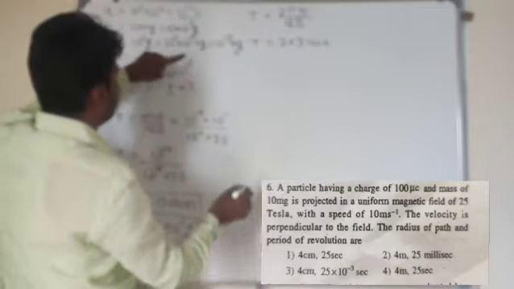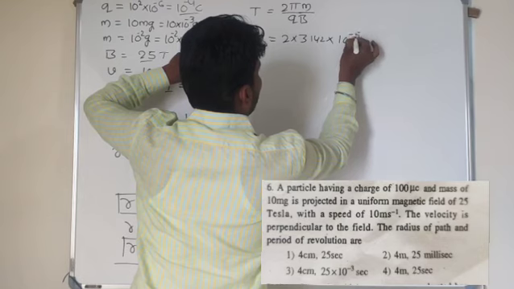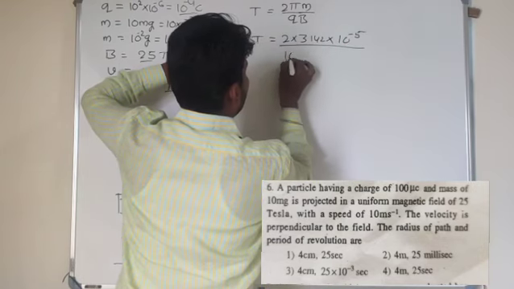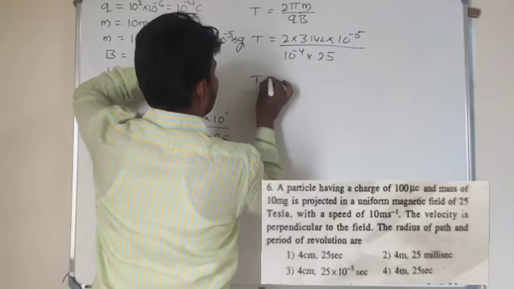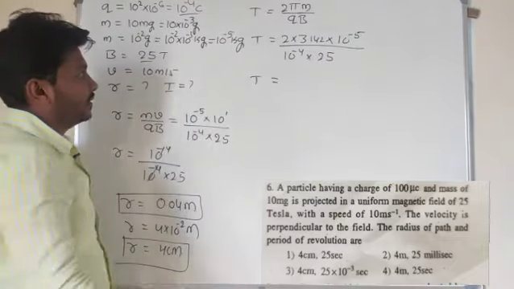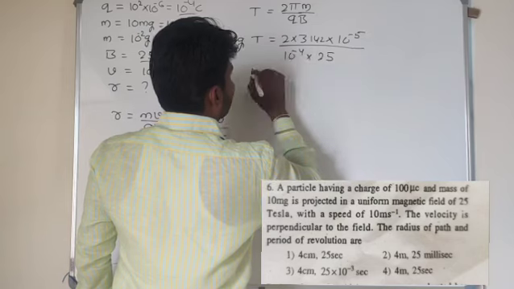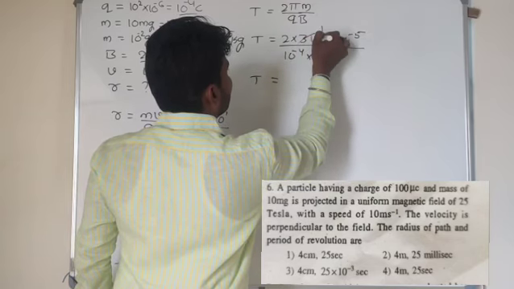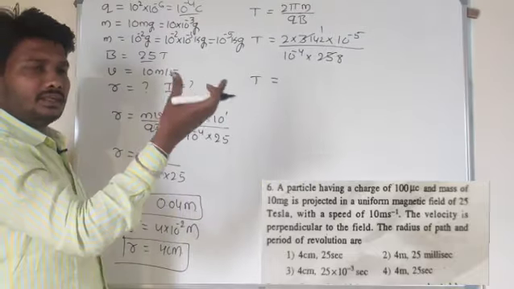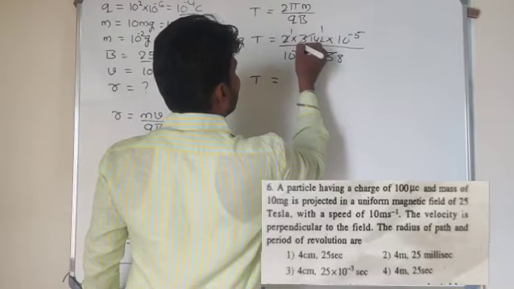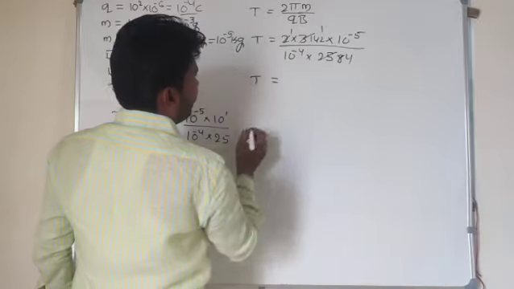Mass is 10 to the power of minus 5 divided by 10 to the power of minus 4 into 25. So the time period is equal to, look here, I don't want the exact value, so I will do a rough calculation here. 2 4s, 1 by 4.